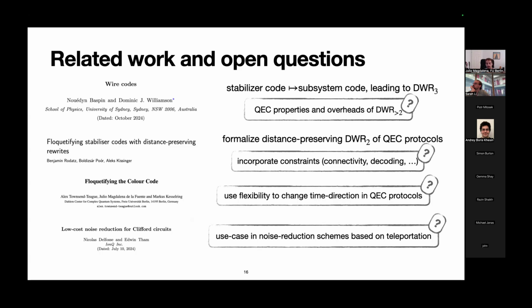So in particular, you can think of cutting the diagram into equal time slices. Usually, if you have a circuit, this is given. You say this is time 1, 2, 3, and so on. But for these topological protocols, you can choose the time direction freely, and this gives you a lot of flexibility when coming up with new error correcting protocols.